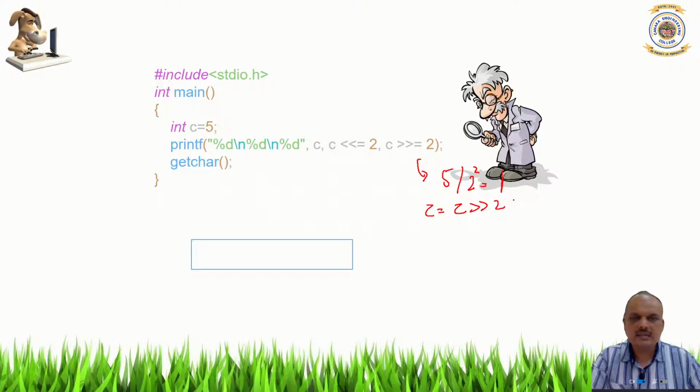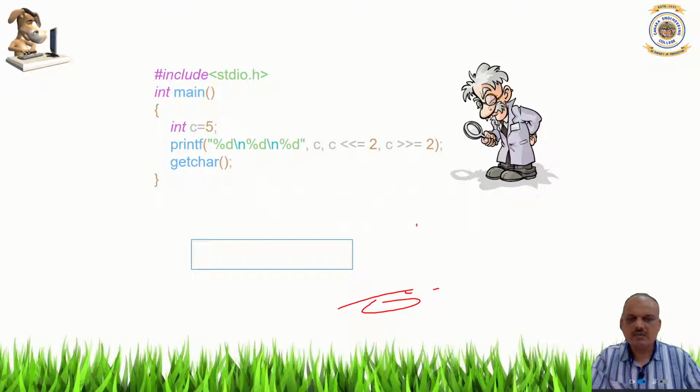Having done that, c getting the value of 1, the next bit of code gets executed. That is the second part, c left shift by 2. What was the value of c? The value of c was 1, and left shift is nothing but multiplication by 2 raised to whatever number is given here, that is 2.